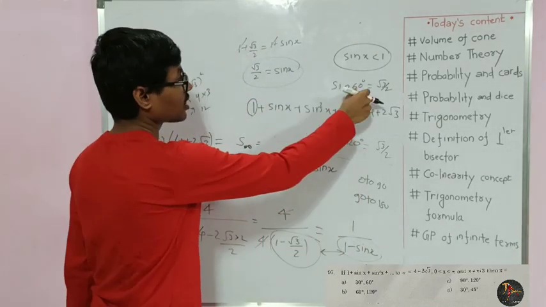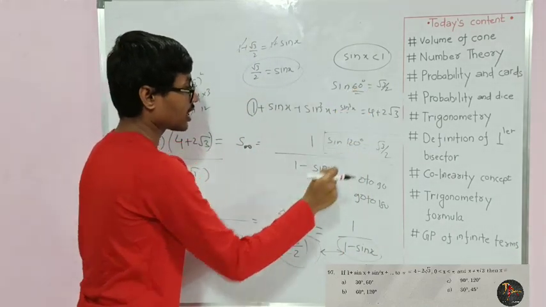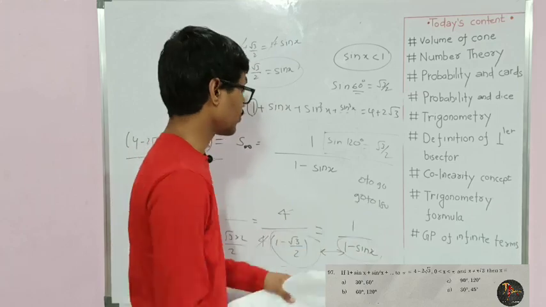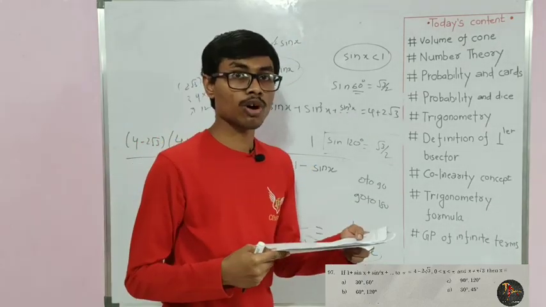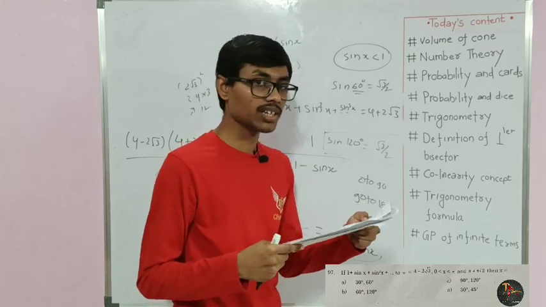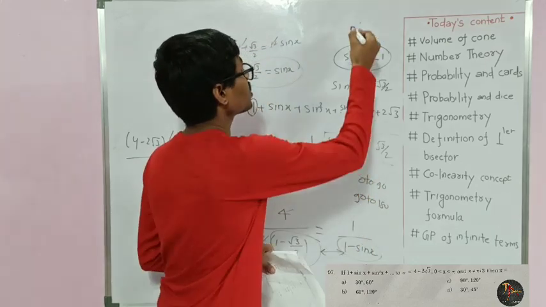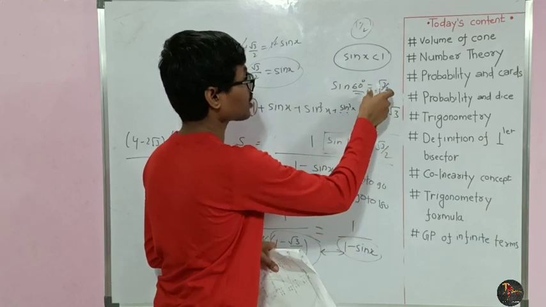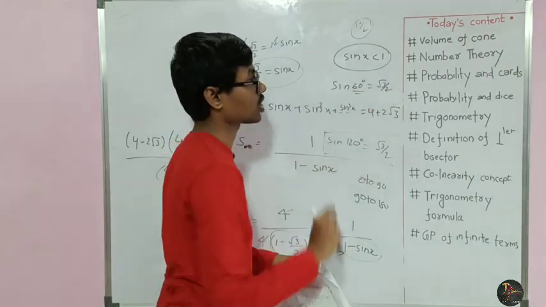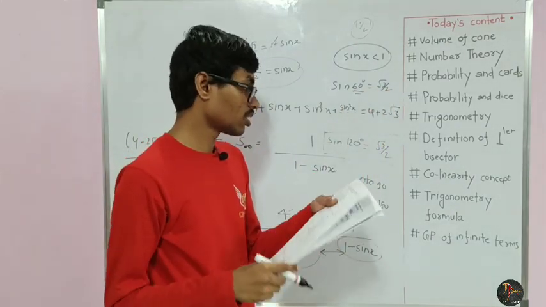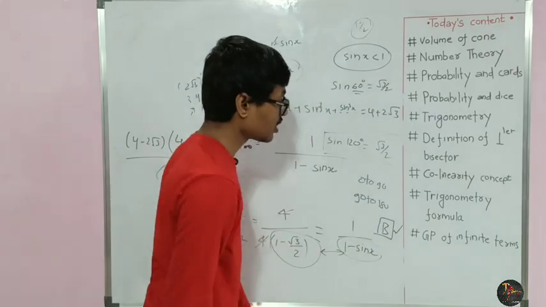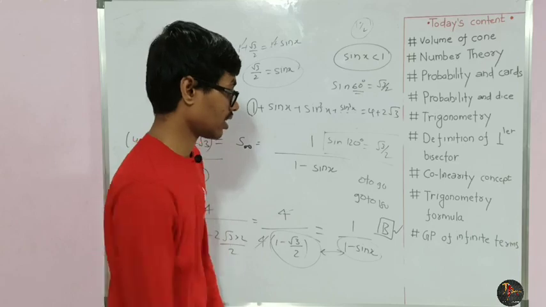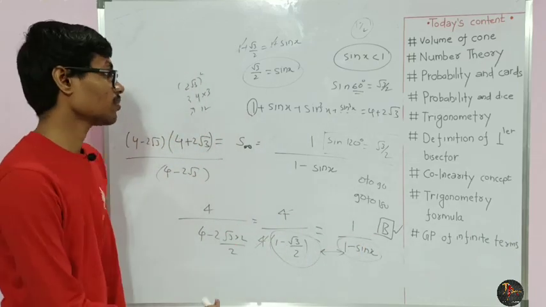So either that angle is 60 degree or that angle is 120 degree. Sin 30 is 1 by 2, but we need sin theta as root 3 by 2, so 30 is not a solution. So the correct answer for this question should be option B, which says sin 60 and sin 120.